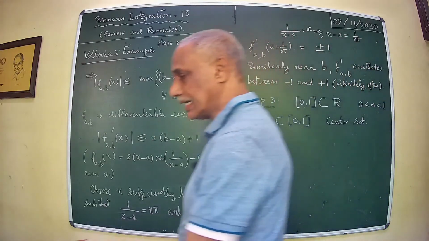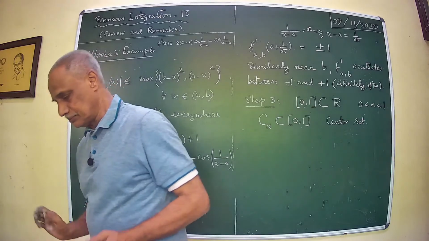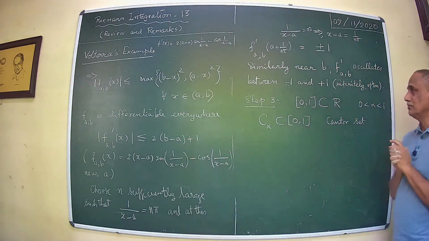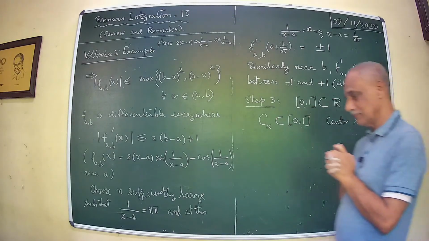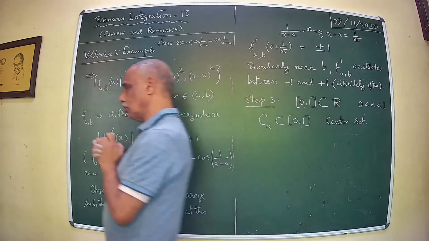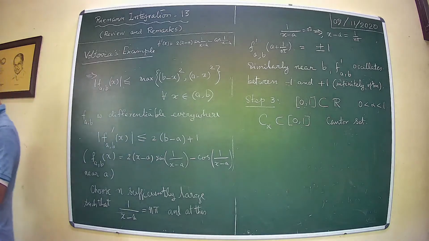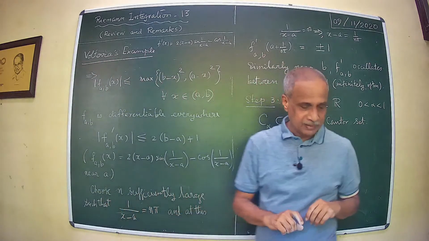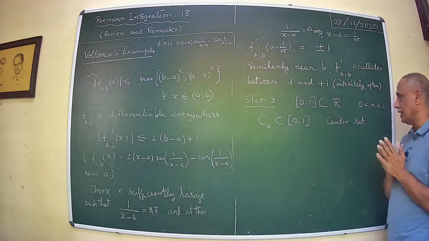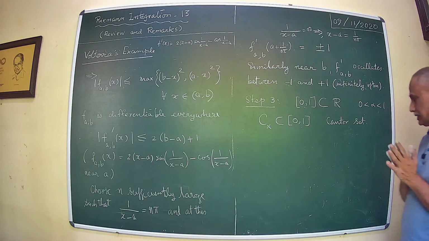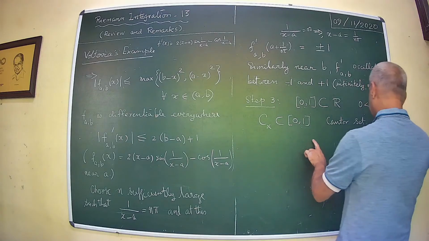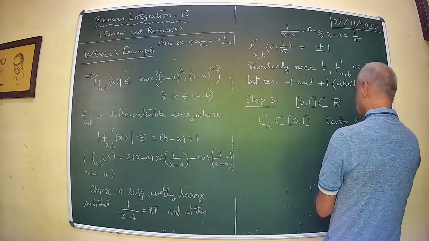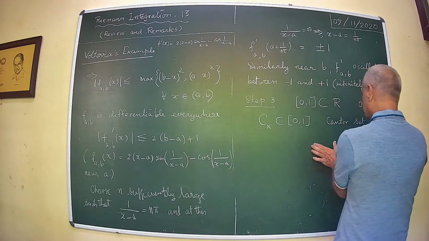So our strategy is the following. We define a new function, a function which is 0 at all points of the Cantor set. Elsewhere, you know the construction of the Cantor set: you take the middle of an interval and drop it, then you get two intervals.